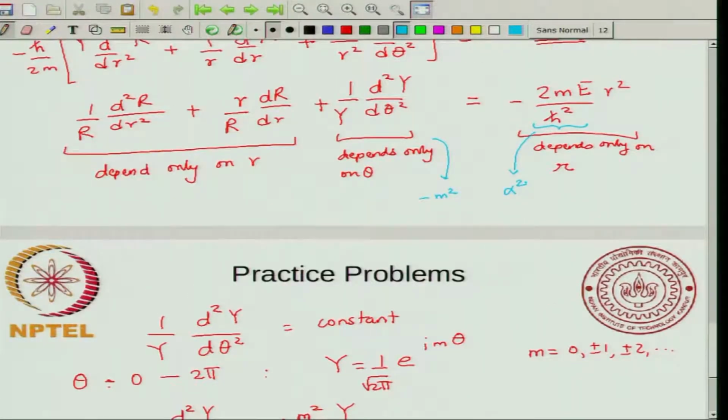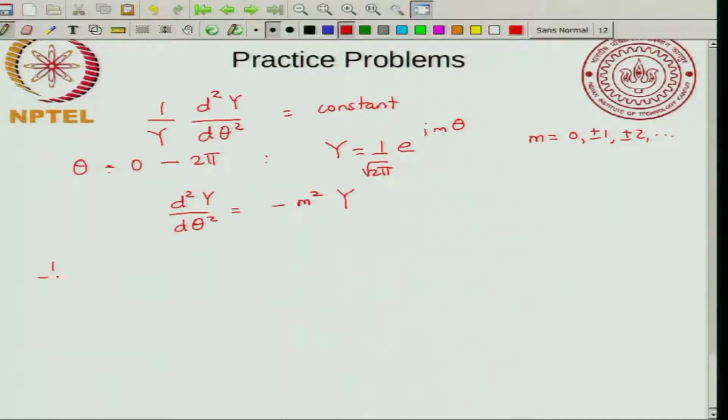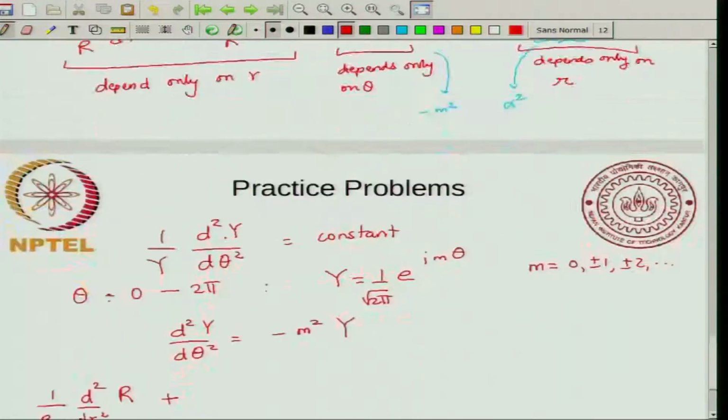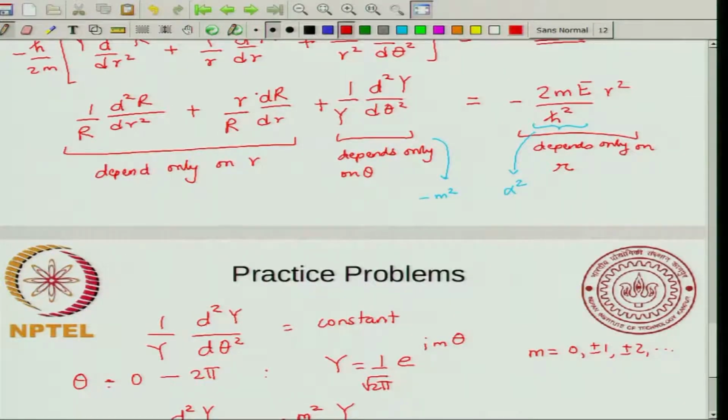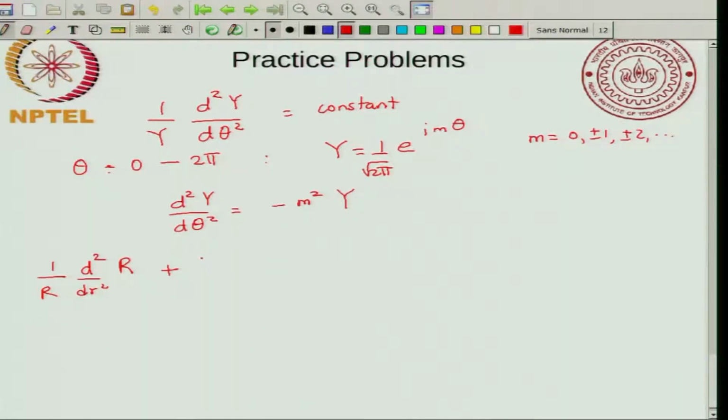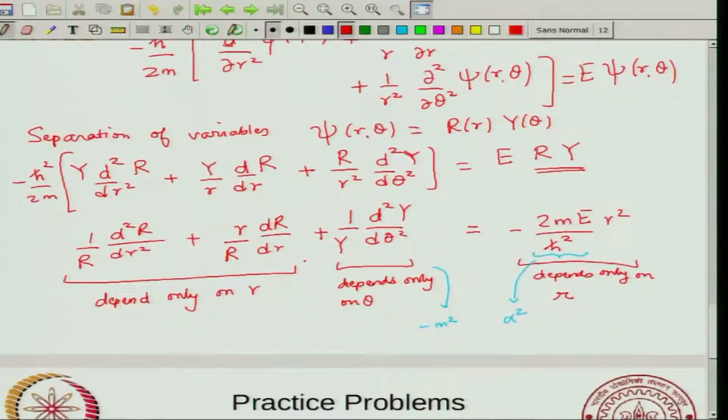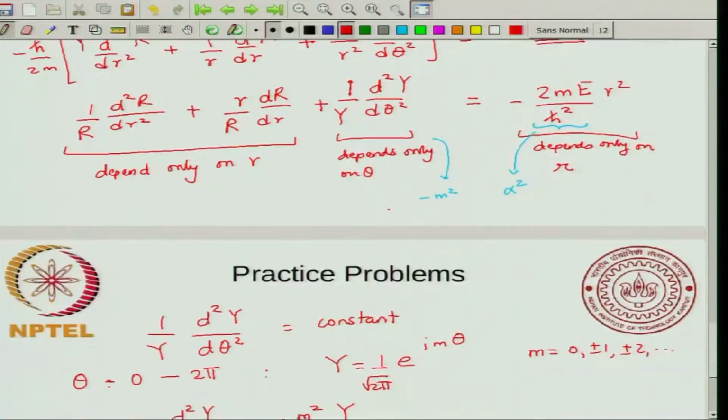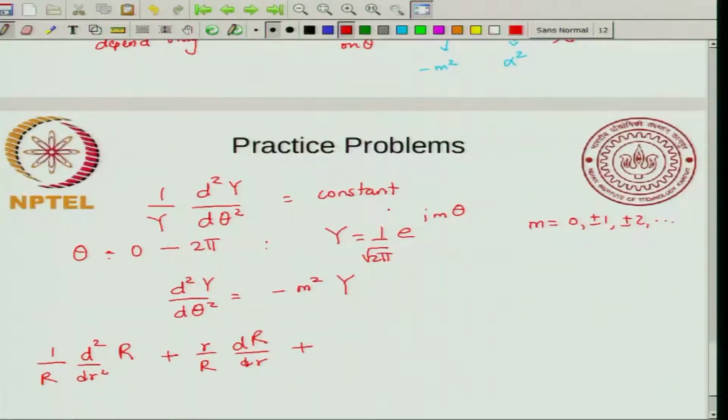So this equation I can write as 1 by r d square by dr square of r, plus what I have is r by r, dr by dr. So that will be as it is. And then this quantity is just minus m square.